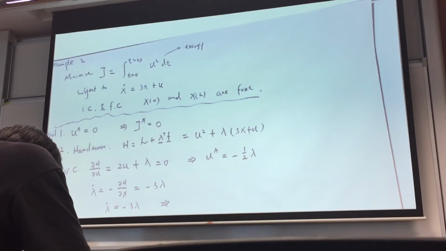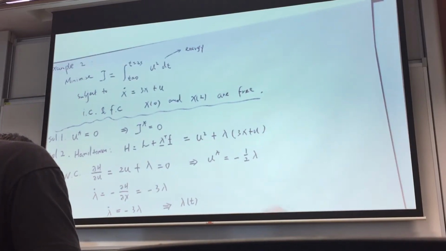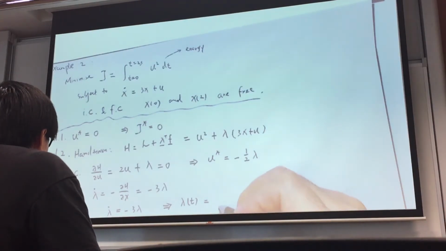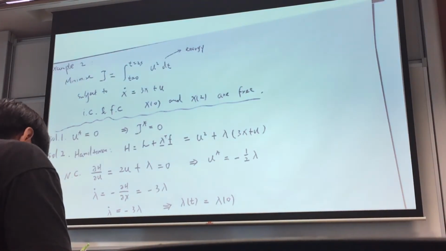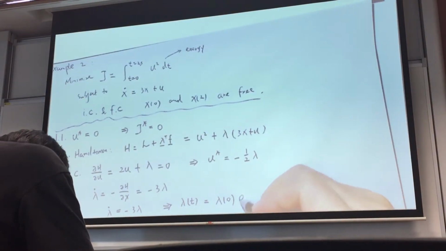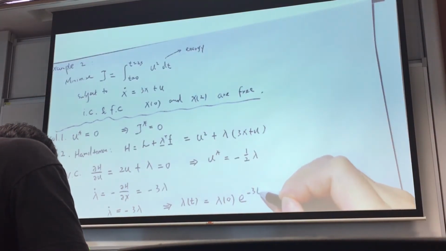When you solve this, you will get this equation: lambda t, a time function, equal to lambda 0, the initial value for the lambda, multiplied by e to the minus 3t.